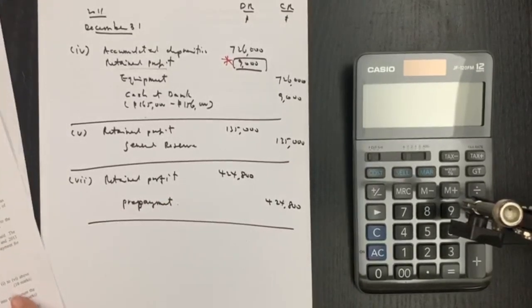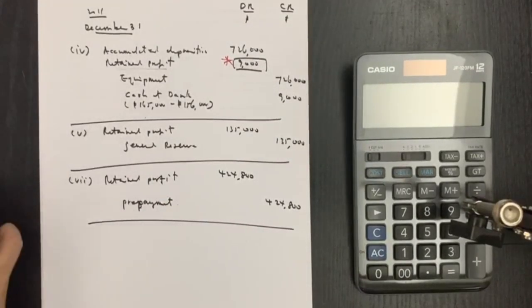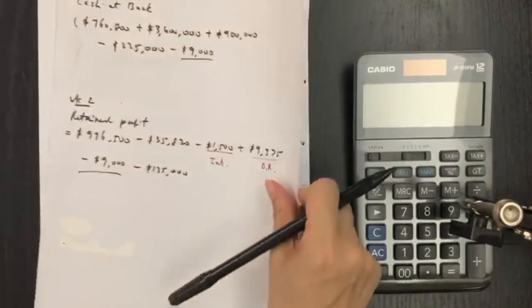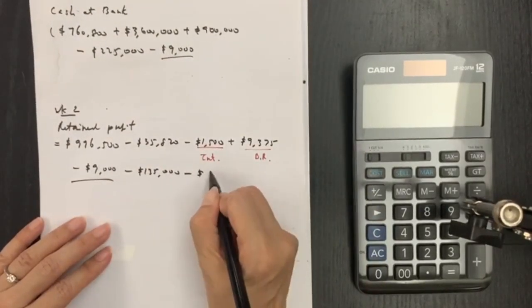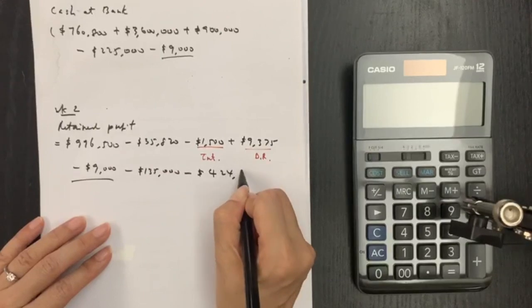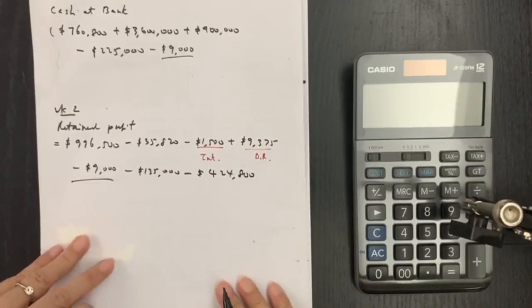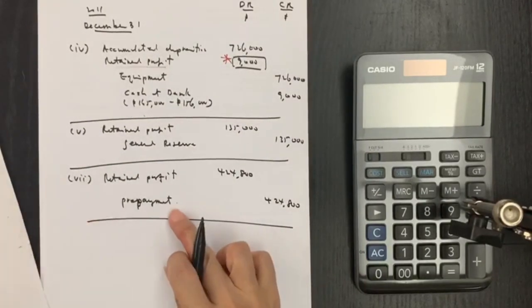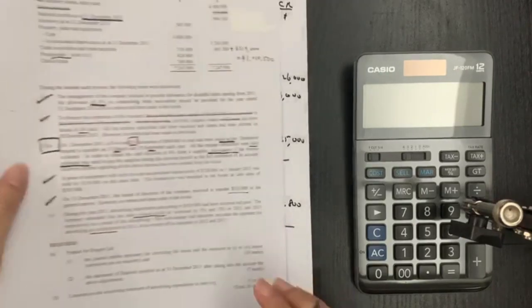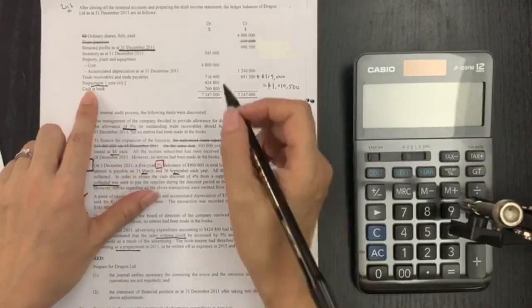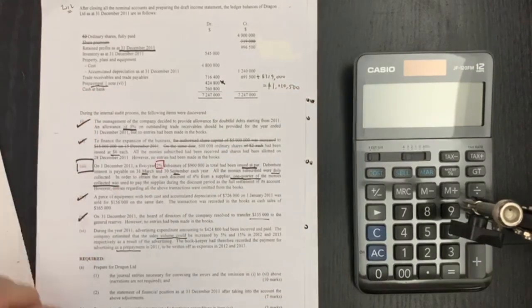So I go to retained profits, workings. I need to minus 424,800 for advertisements and no more, and then credit prepayment. That means in the statement of financial position we have this deleted, no effects.